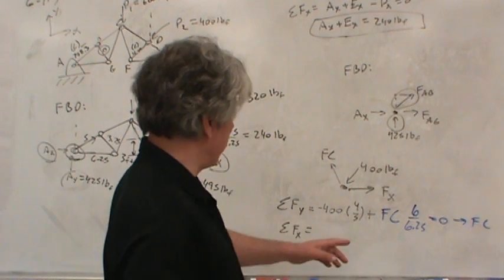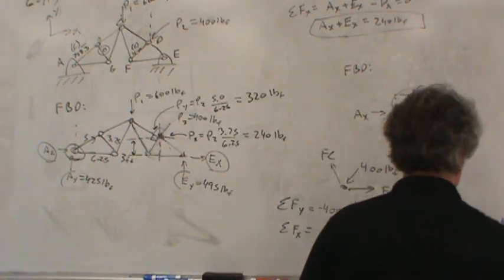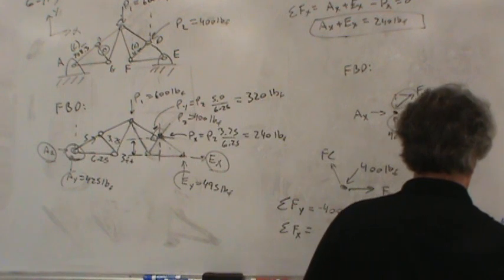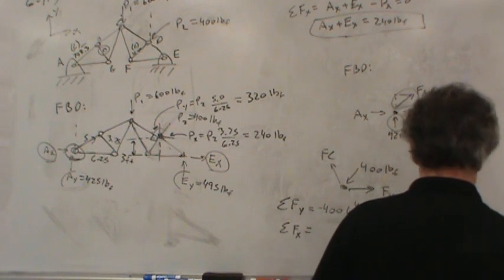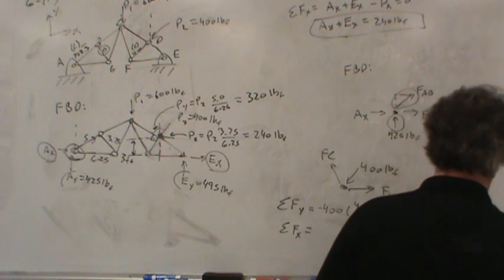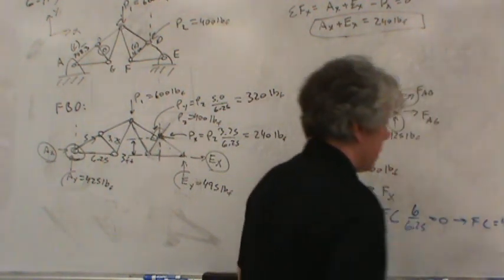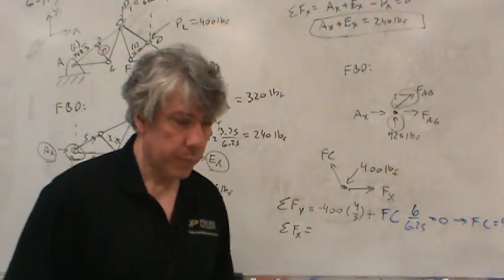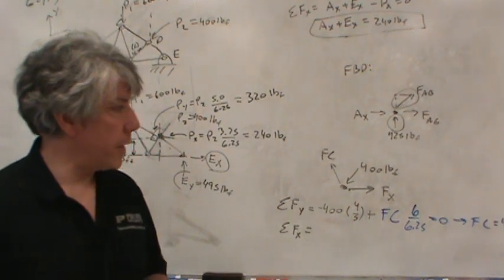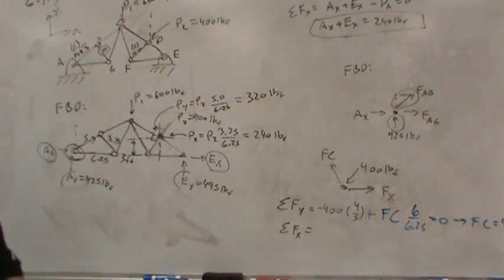FC then would be equal to 400 times 4/5 multiplied by 6.25 over 6. Just rearranging everything. Okay? So grab your calculators, please. Let's find out what this number is. And we'll have the force in FC.